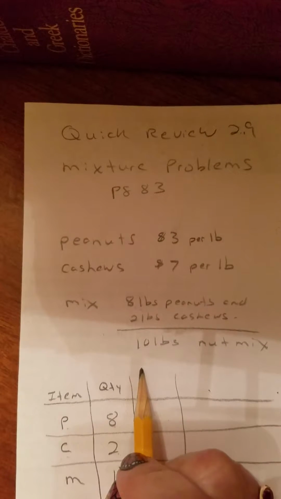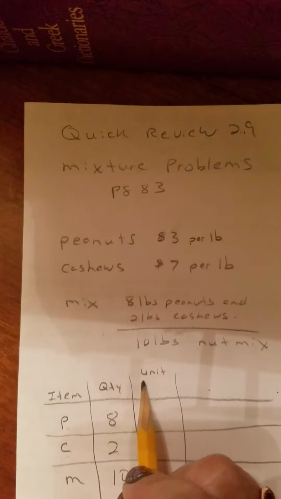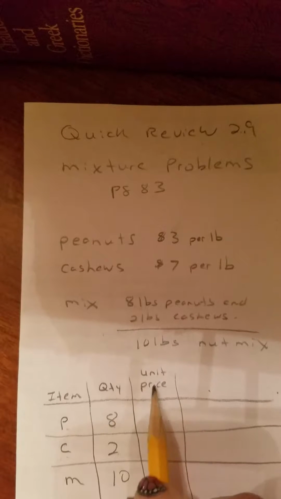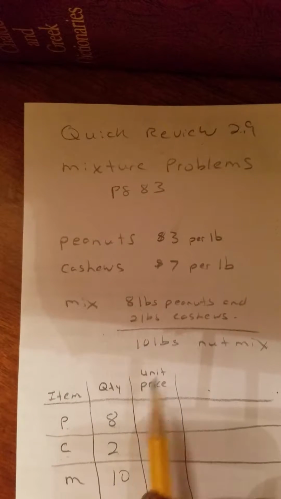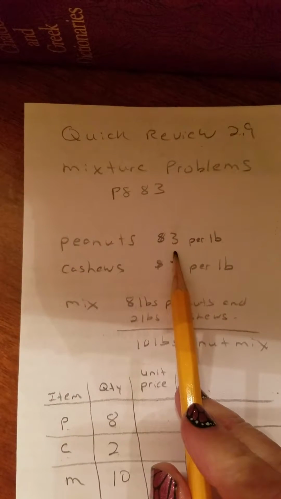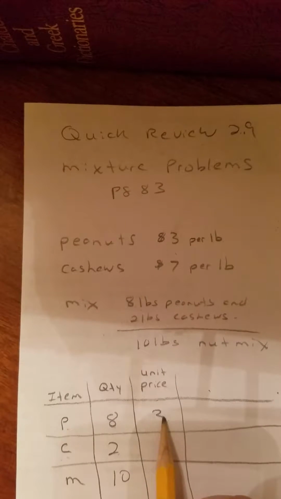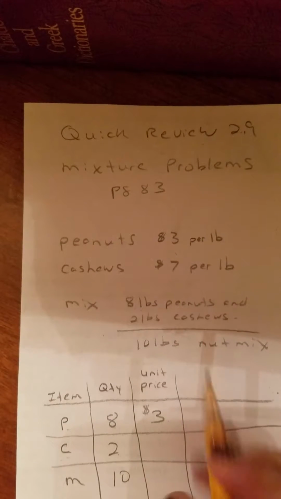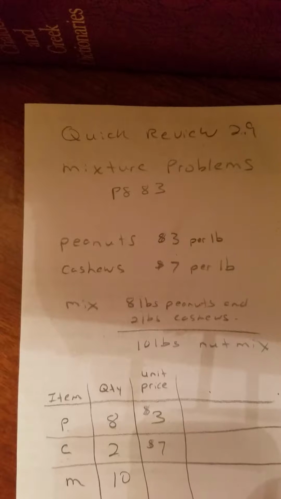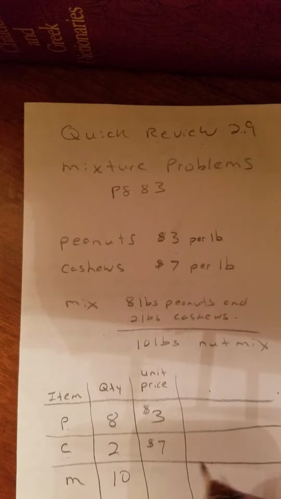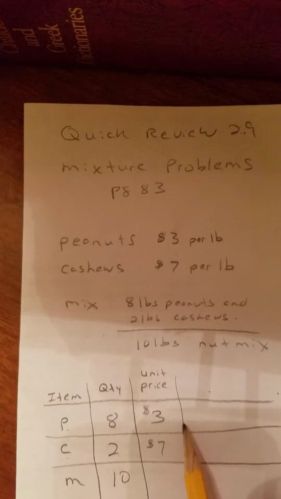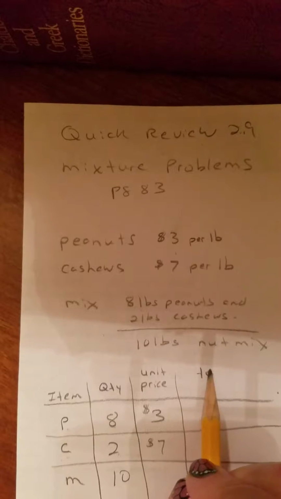Then we have the unit price. How much is the unit price per pound? Well, they told us that the peanuts were $3, and they told us this was $7. And then your last column is always going to be a total.